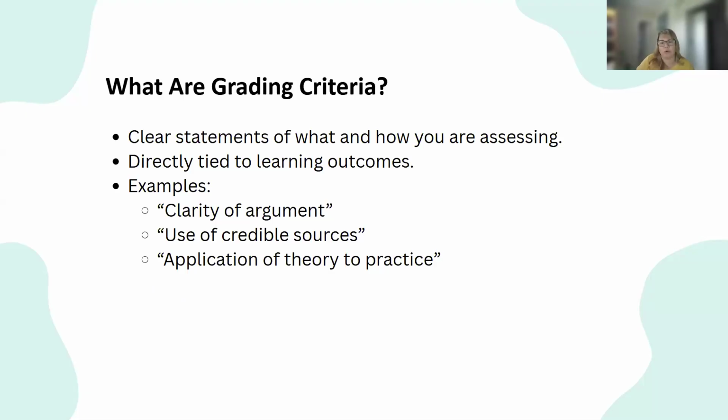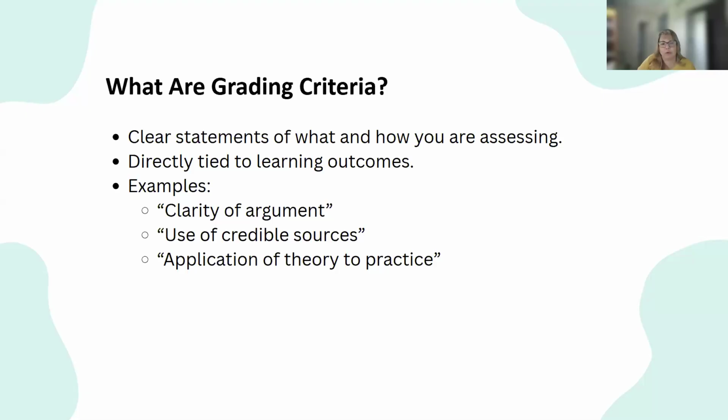Rubrics are used as a whole scoring guide, which provides criteria that are specific to what you want the students to meet in their performance levels. Effectively written criteria should be aligned to course learning outcomes. It should not just reflect what their effort is or what the length of the assignment is, but what they are actually learning.